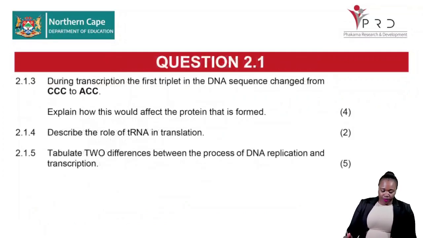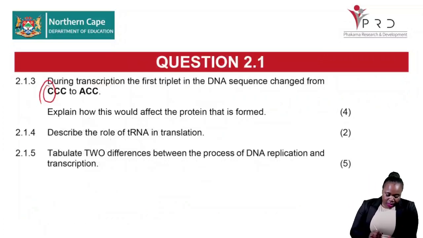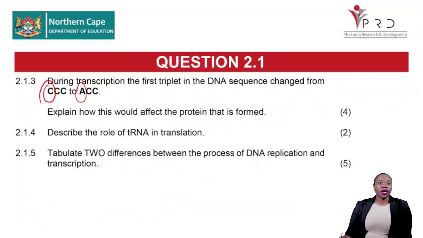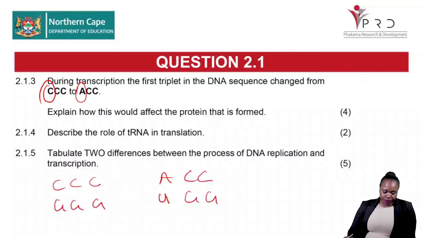Okay, let's go back to 2.1.3. During transcription, the first triplet in the DNA sequence changed from CCC to ACC. So this means that our C has been replaced with A. So instead of having GGG, we now have UGG.